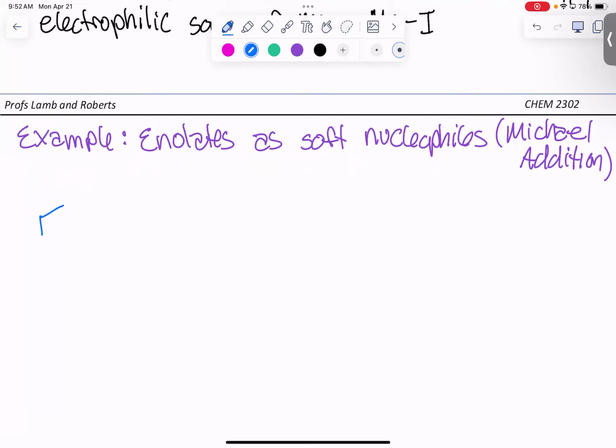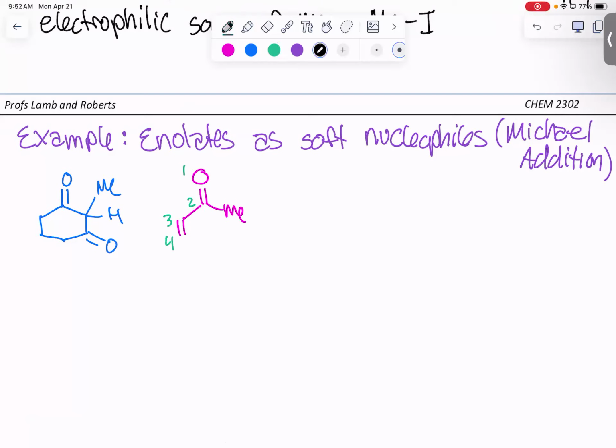Okay, let's start out with a potential enolate here. All right, say we have a methyl group here and a hydrogen. All right, and our coupling partner, as you might have guessed, is an alpha beta unsaturated carbonyl compound. So you have 1,2 addition as an option, or 1,4 addition as an option. Okay, let's add a little bit of base to this reaction, a little bit of water.